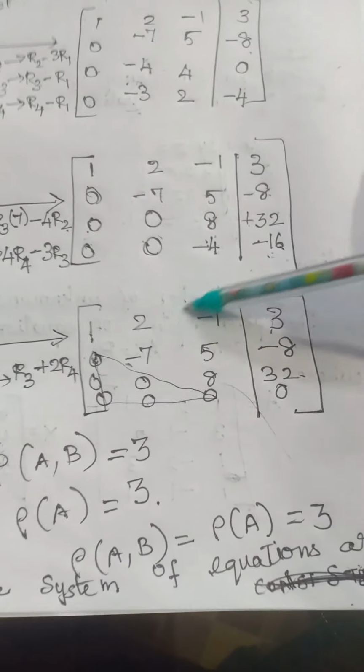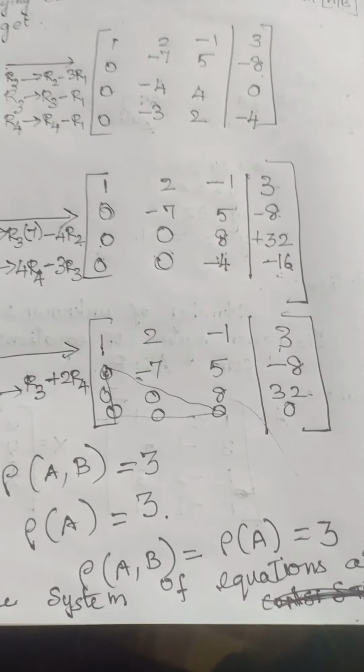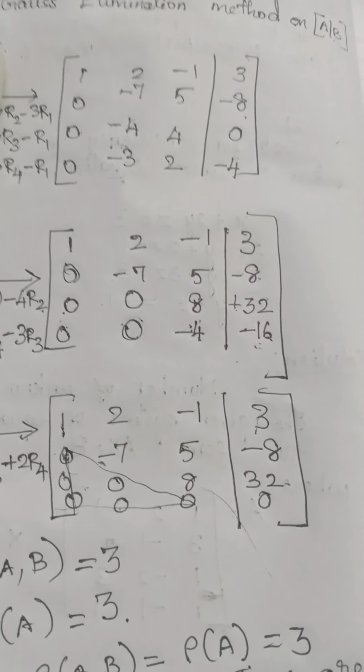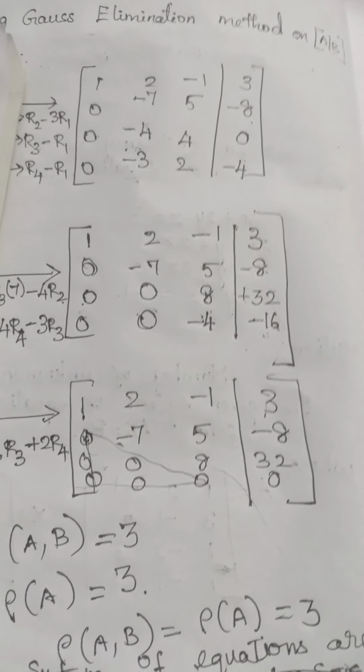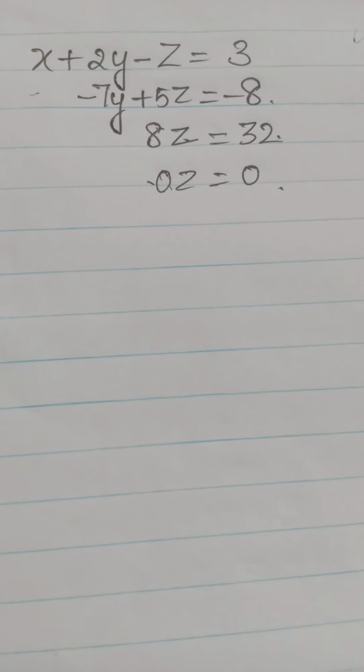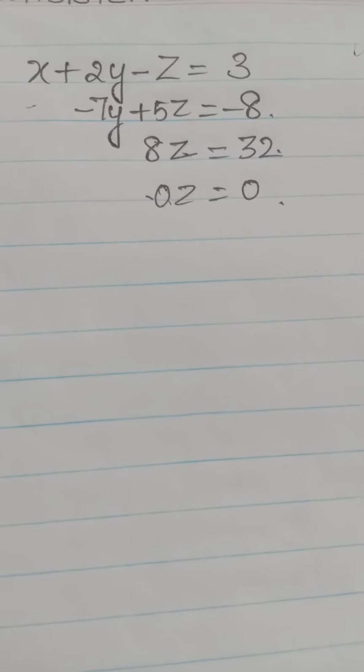So when I write it in the equation format, we will get x plus 2y minus z equal to 3 and minus 7y plus 5z equal to minus 8. 8z is equal to 32 and last is 0z equal to 0. So 0 equal to 0. This is what we are getting from the last equivalent matrix.